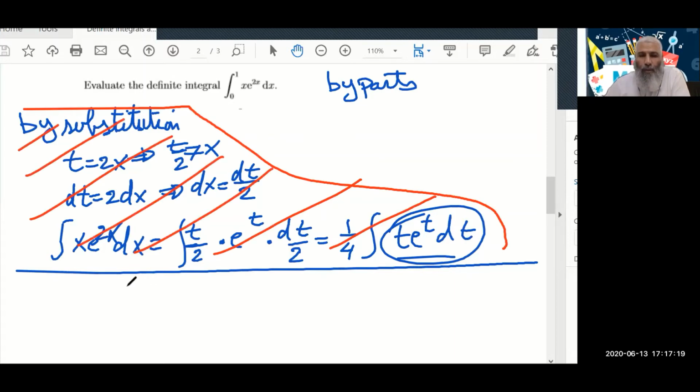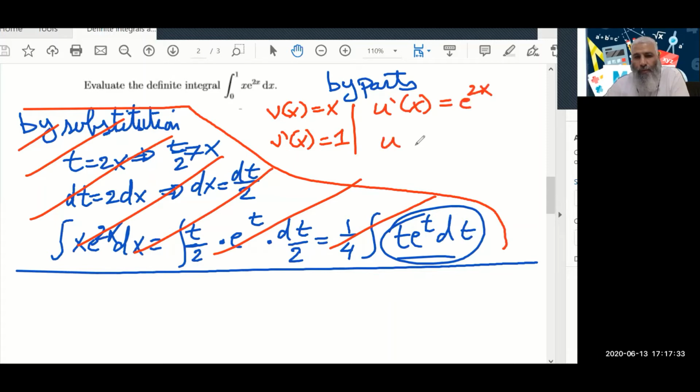Now, by parts, v of x is x, v dash x is 1, and u dash x is e power 2x, u of x is what? E power 2x divided by 2. Yes. Right? Yes, absolutely.